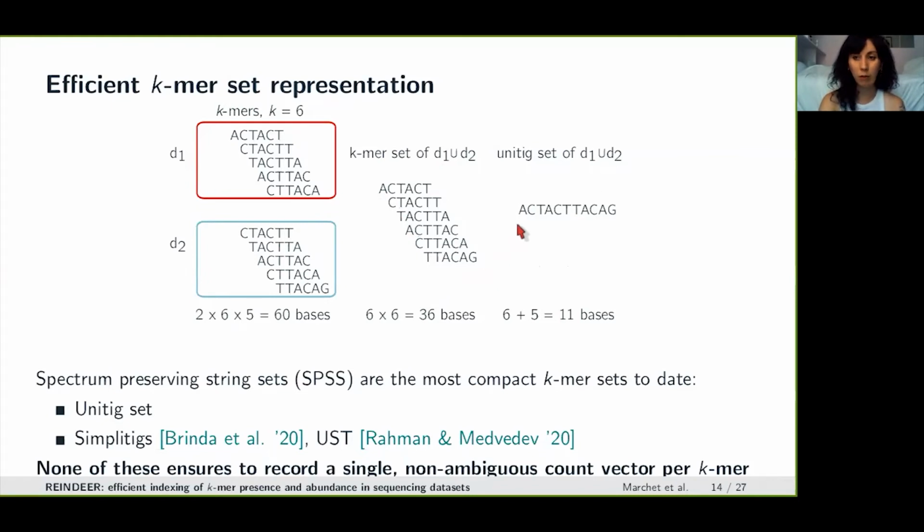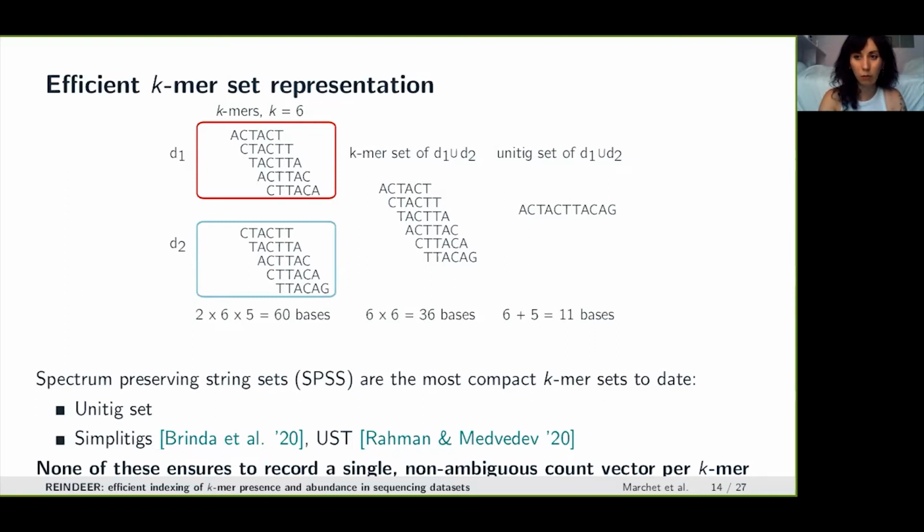The difference is that you use fewer bases, because you took the first k-mer and then just added the last nucleotides of the following. So it's more compact. And you have different other ways to represent a k-mer set more and more efficiently, but none of these SPSS would ensure for us to record a single and non-ambiguous count vector per k-mer.